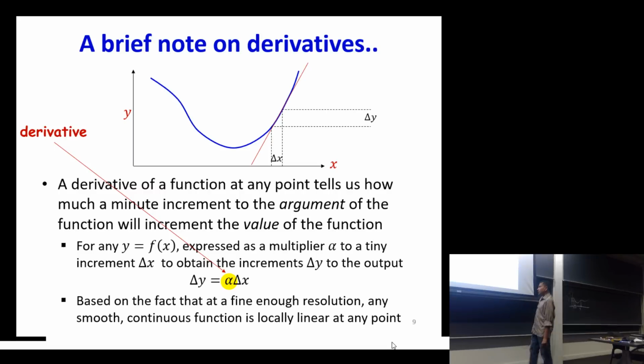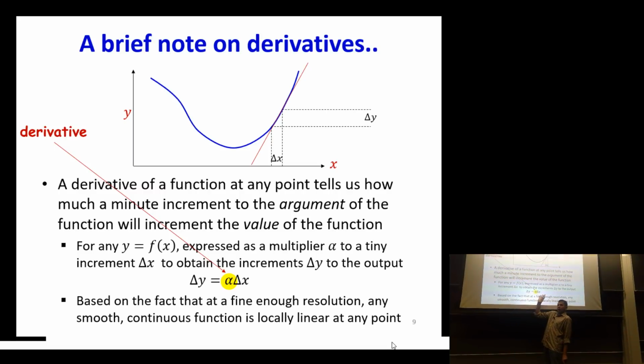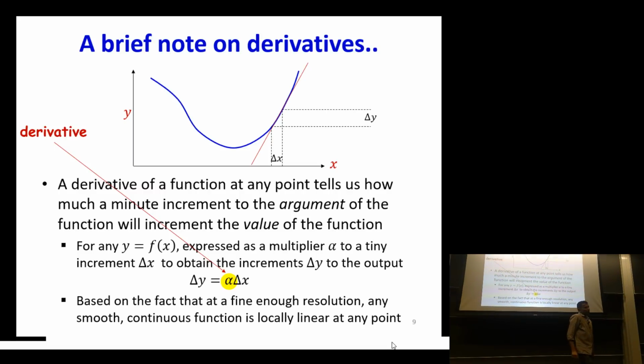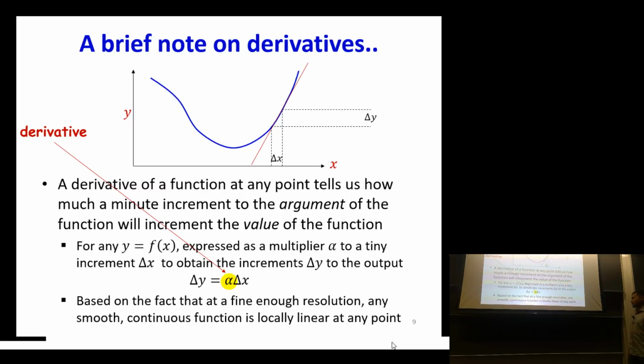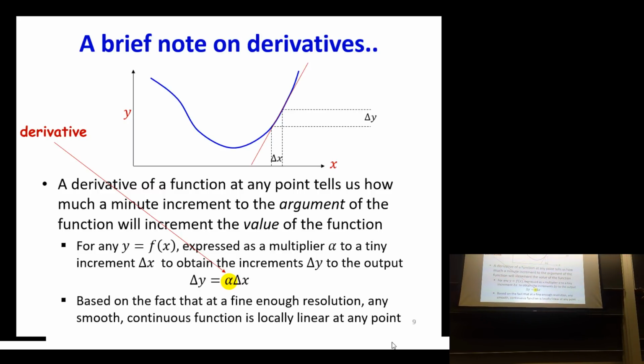So the relationship between the change in the output and the change in the input for a small enough perturbation is going to be linear. And so the question we ask is, what is the scaling constant by which I must multiply the change in the input to compute the change in the output? This is our notion of a derivative. That scaling constant is a derivative.